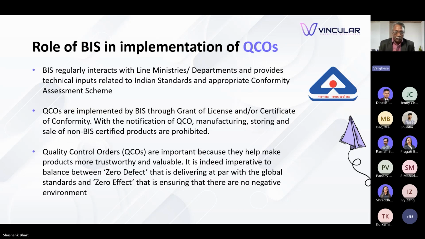So these are the three forms of violations which can take place, and various types of penalty can be imposed by the Bureau of Indian Standards. You can go to the next slide.